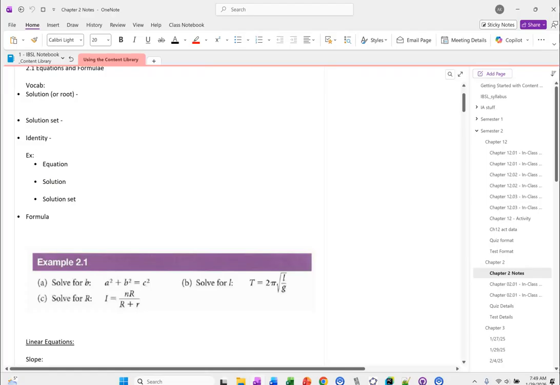So just running through a little bit of vocabulary. When we say what is a solution? It's a value that satisfies an equation or an inequality, right? Value or values. When we're talking about polynomials, we could also use the word root kind of interchangeably with the term solution.